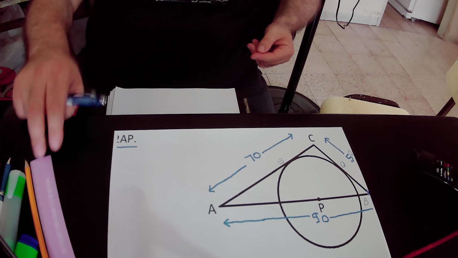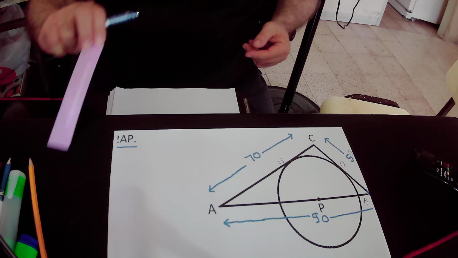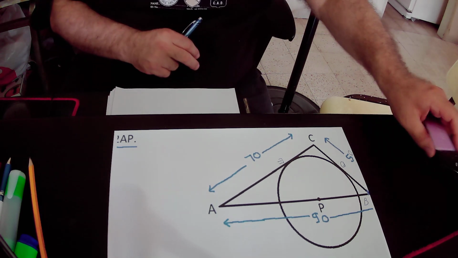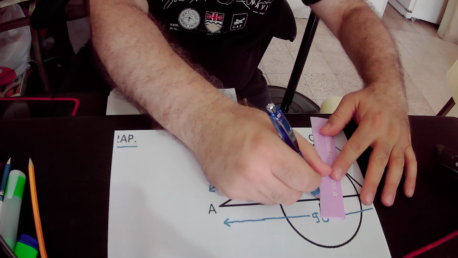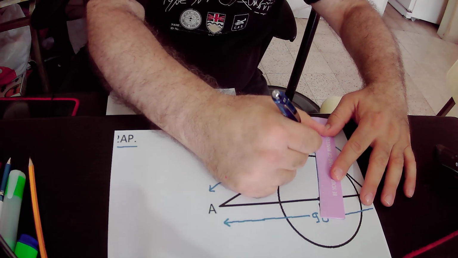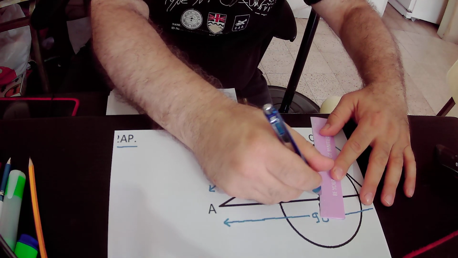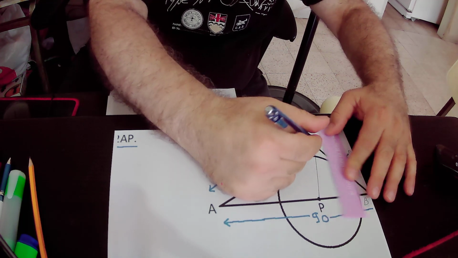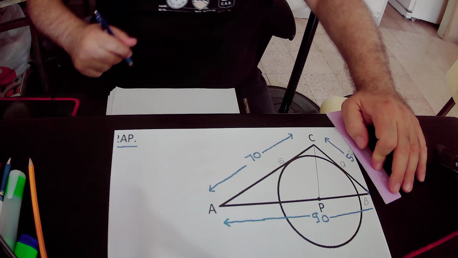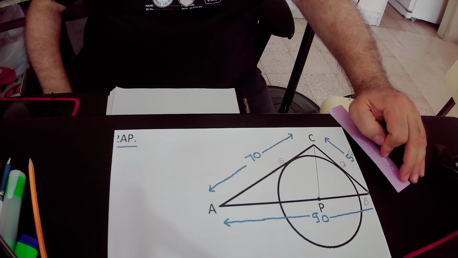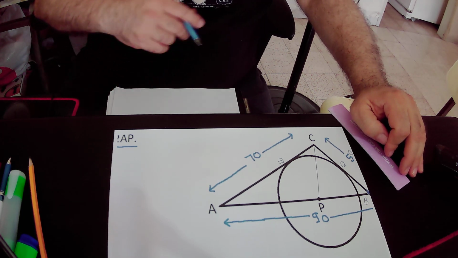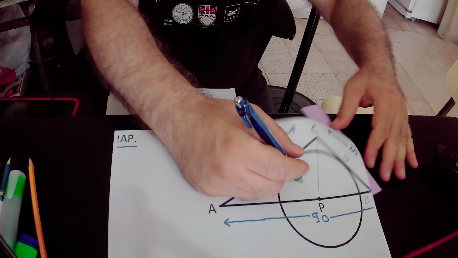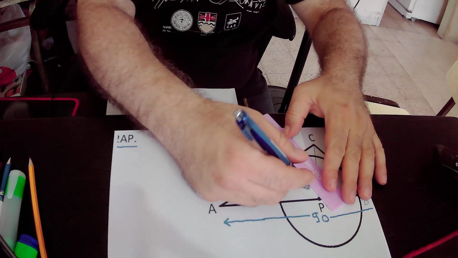First of all, we will connect points P and C by a straight line. And we also connect points P and E by a straight line.